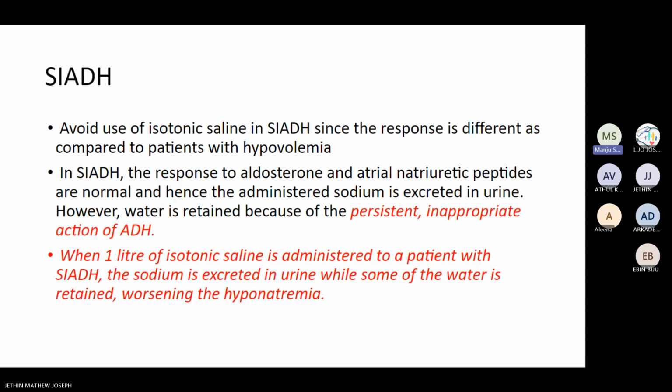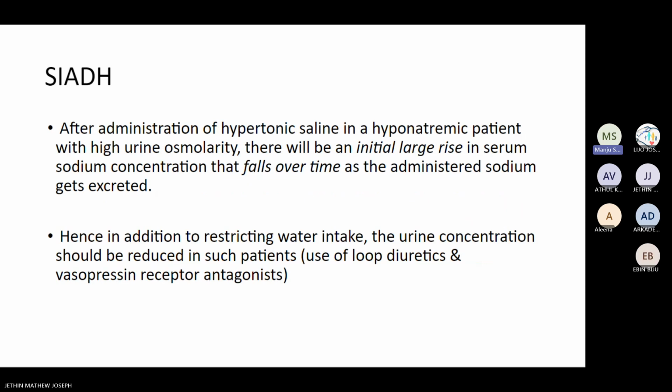The next slide tells us that another thing we should expect is we might give the patient hypertonic saline, but initially you will note that your serum sodium will be going up to target, it will be rising adequately. But over time, again, remember that his urine sodium was very high, so he'll continue to excrete sodium in his urine.